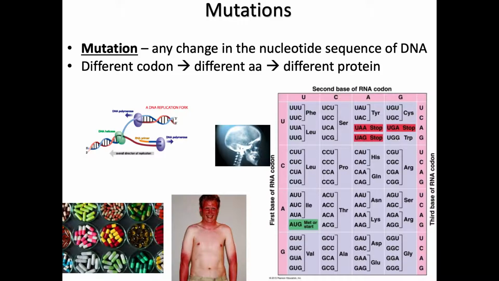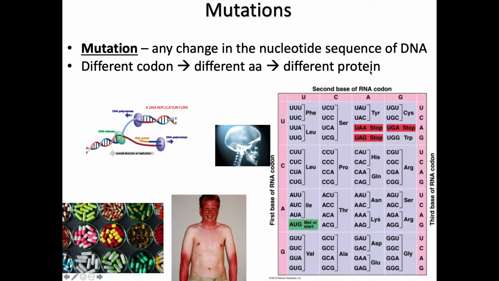When that happens, that DNA gets transcribed into mRNA, and we get a different codon. Sometimes that different codon will lead to a different amino acid. And a different amino acid sequence can lead to a different protein being made.